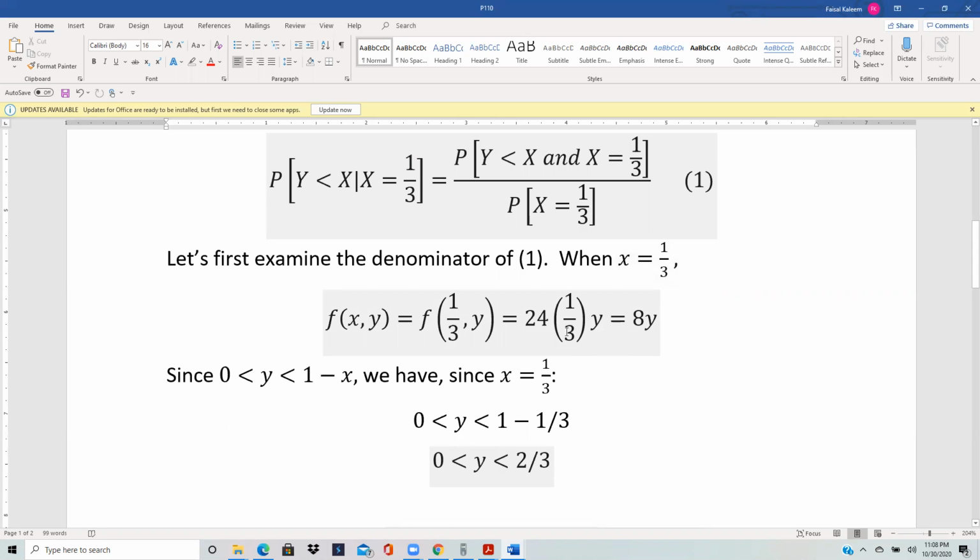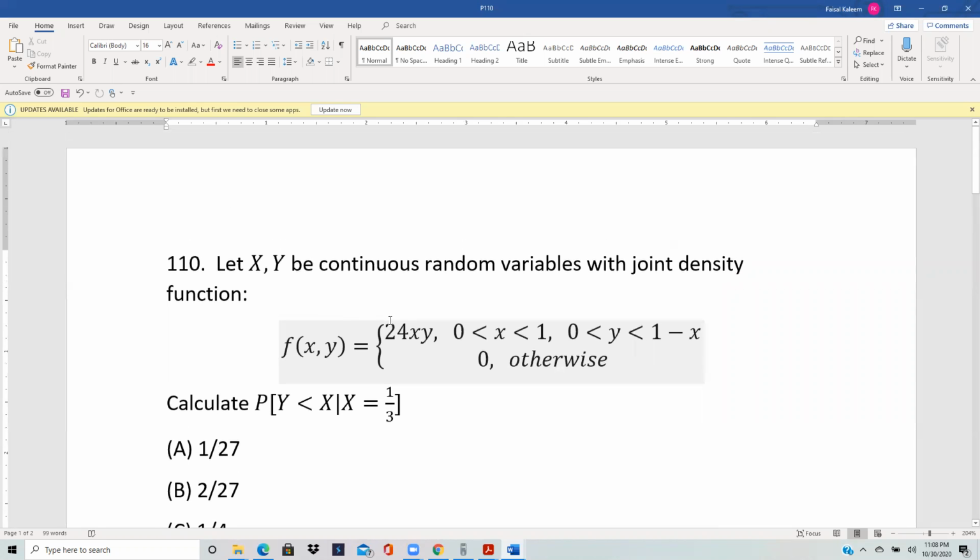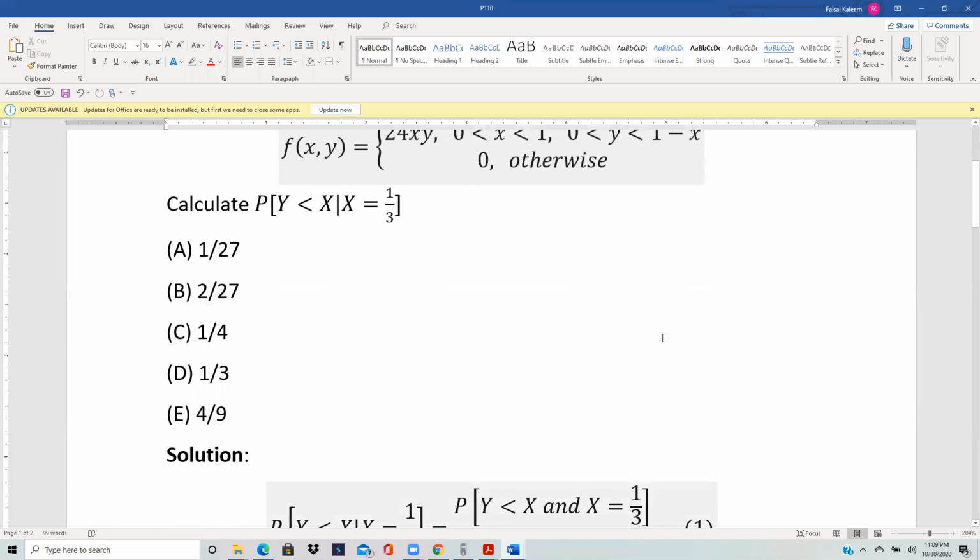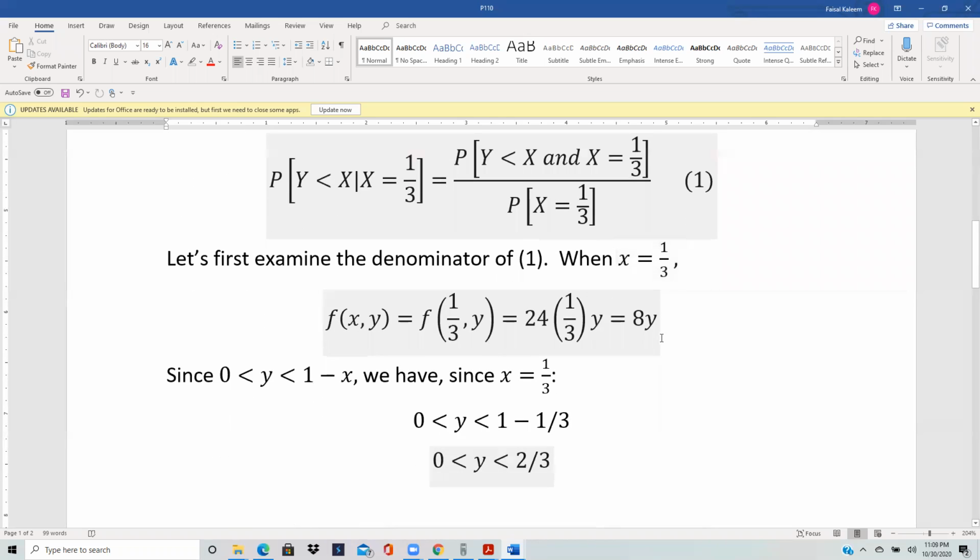And since we also are given that y is between 0 and 1 minus x, x is 1/3, so that would mean y is between 0 and 1 minus 1/3. y is between 0 and 2/3.